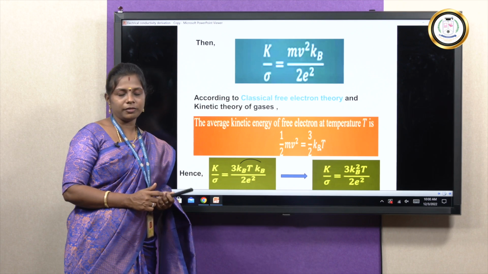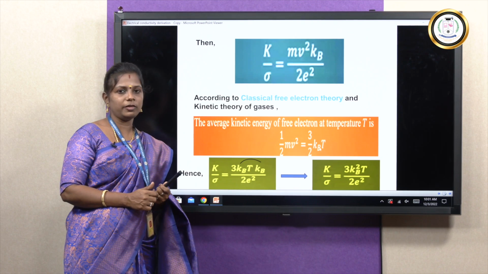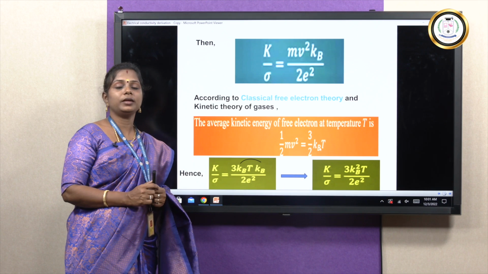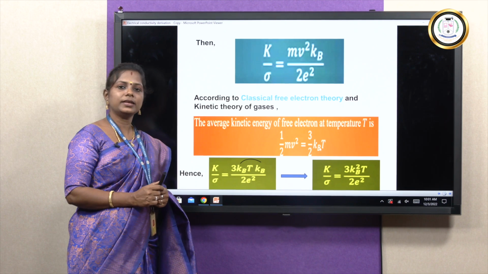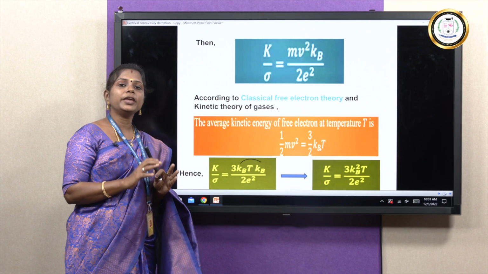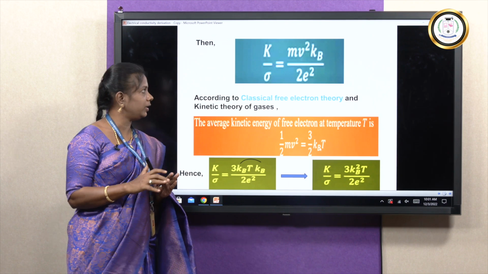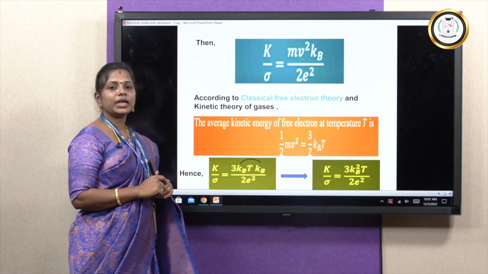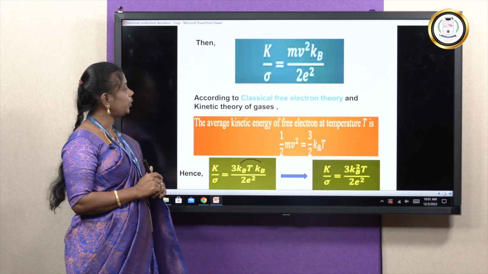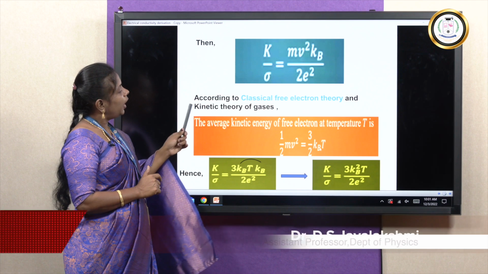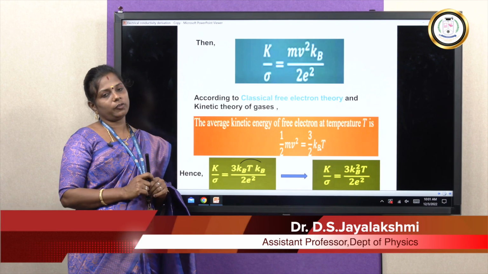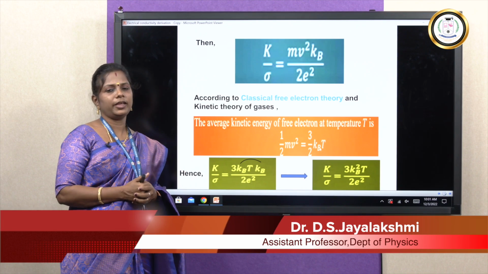m is the mass of an electron, v is the velocity of an electron, Kb is the Boltzmann constant, e is the charge of an electron. By using the classical approach, the ratio of K by sigma is mv square Kb divided by 2e square, according to the classical free electron theory and kinetic theory of gases.